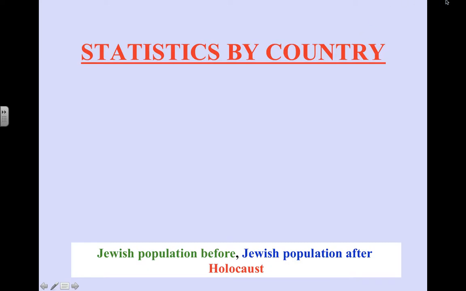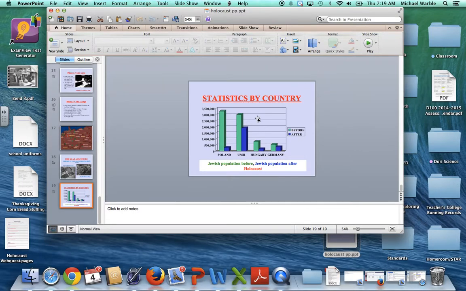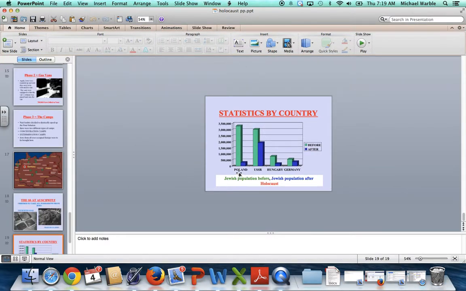If you look here, in Poland, before the Holocaust, there were about 3,250,000 Jews, and then after it was 250,000. So that means they took 3 million Jews.